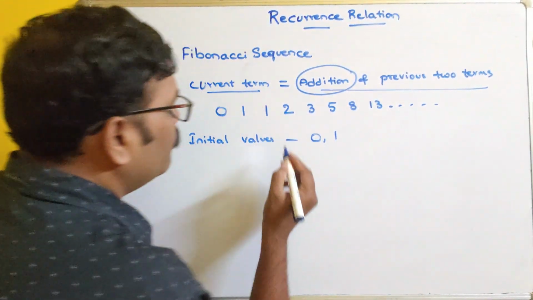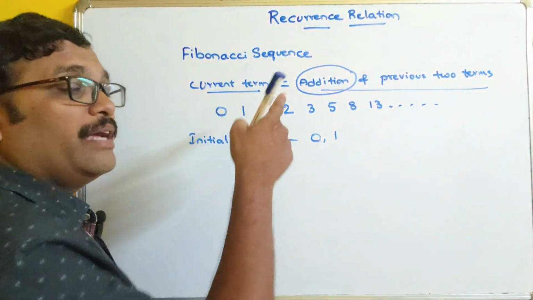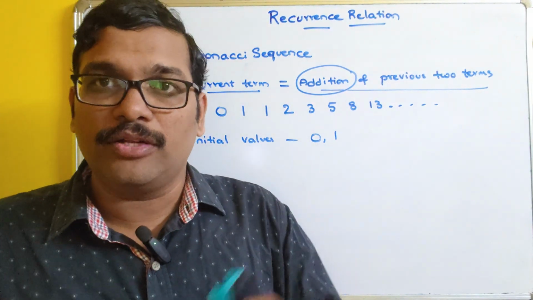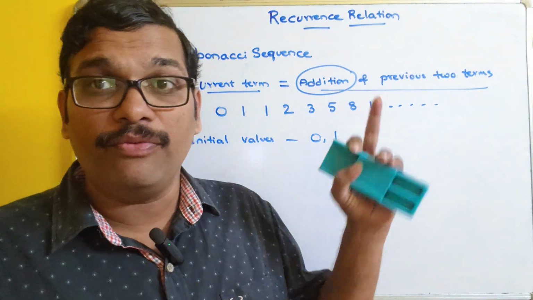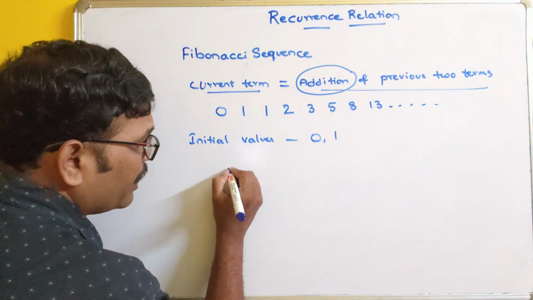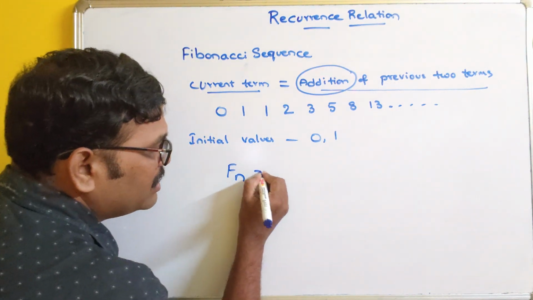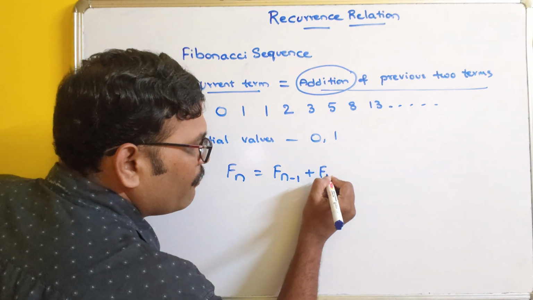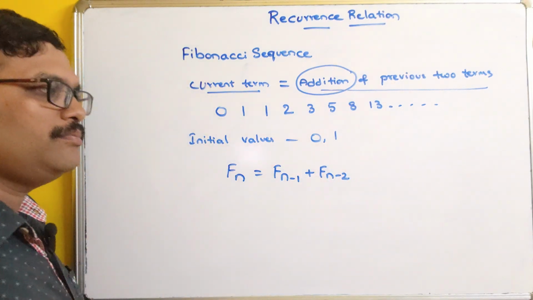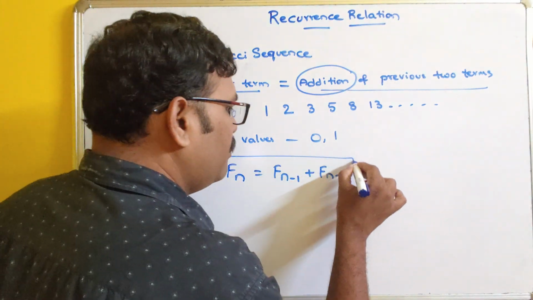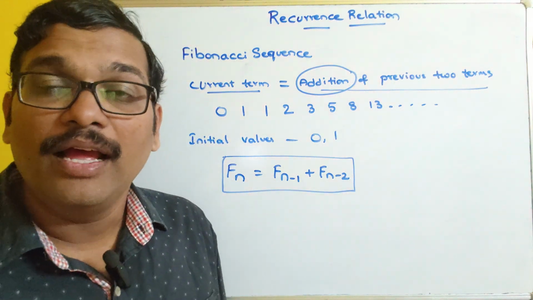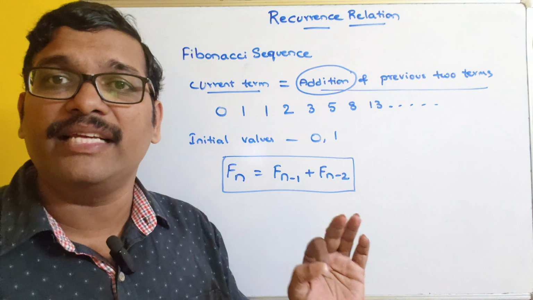That means we can say the current term is a function applied on the two previous terms. We call it a Fibonacci sequence, and it can be written as f of n is equal to f of n minus 1 plus f of n minus 2. This is the formula to find any term in the sequence.